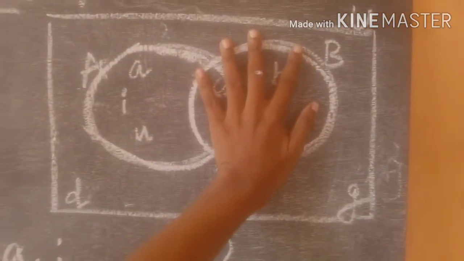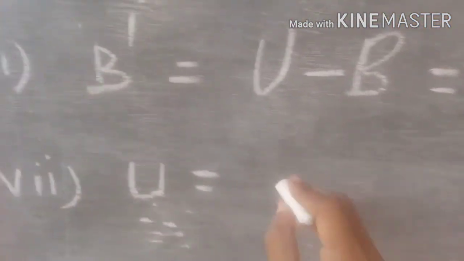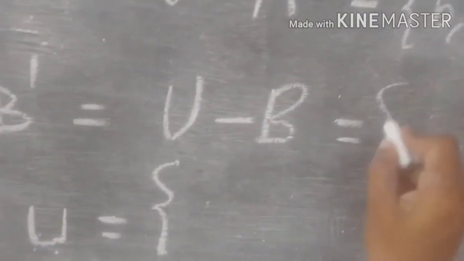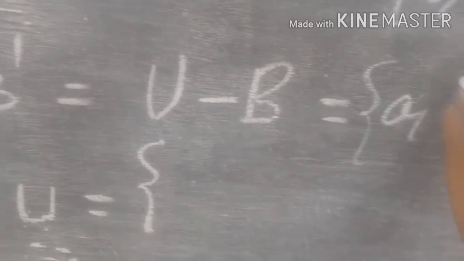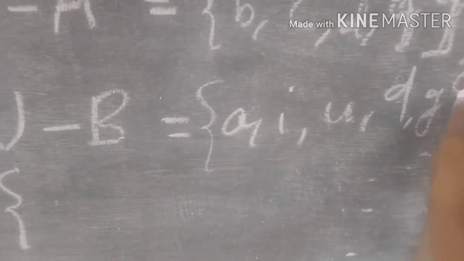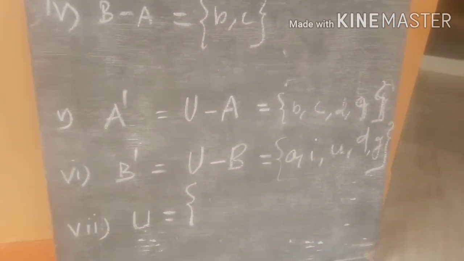What are the remaining elements? A, I, U, D, G. Did you get it?